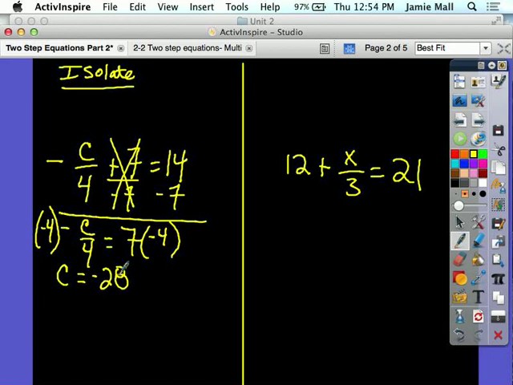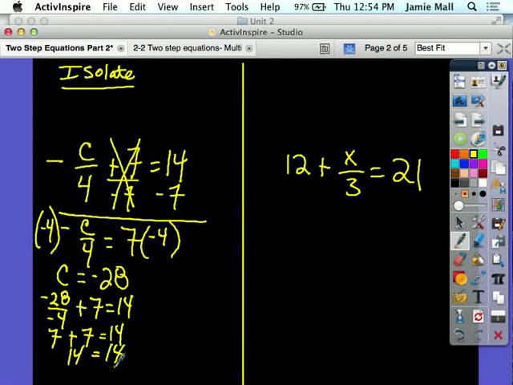Let's check it to make sure. Here's what I've got. Negative 28 over negative 4 plus 7 equals 14. Negative divided by a negative gives me a positive. Positive 7 plus 7 equals 14. True. 14 equals 14. And it checks.